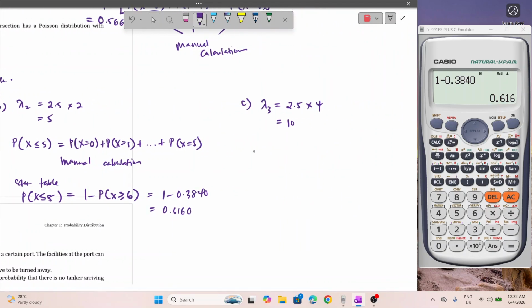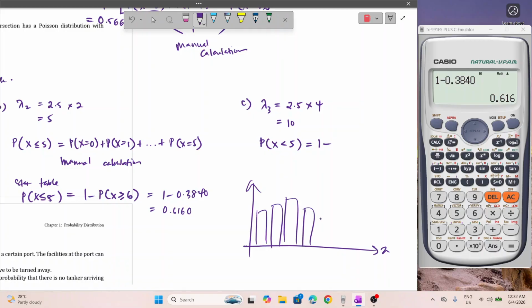So less than 5, you want to find probability of x less than 5. How to rewrite this? Okay, this is also equal to 1 minus. Let me help you to visualize this. We have 0, 1, 2, 3, 4, 5, 6, and so on, and this is the probability of x.